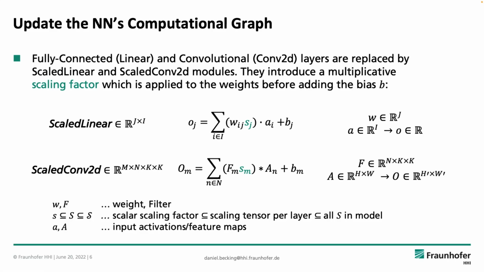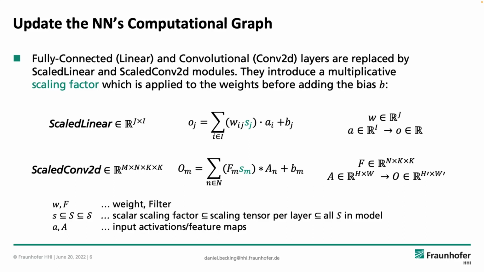It's, by the way, easy to implement from a software perspective, where we search the model and just replace the standard convolutions with the scaled version. And maybe one important thing, it's important to add the bias or batch normalization afterwards.